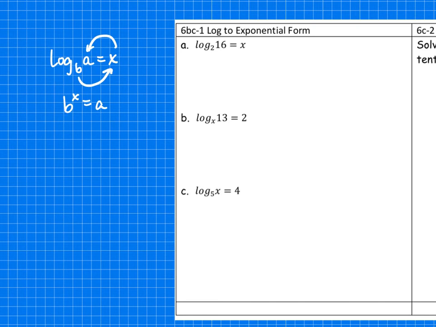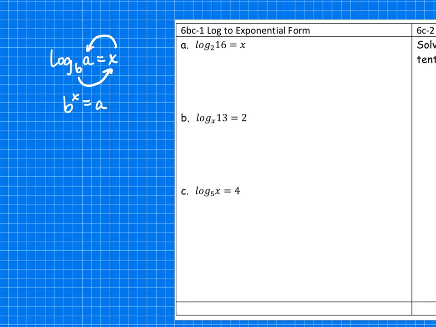Now, thing to remember about this, it is not the letter itself that matters, it's the position. The base here is the little number between the log and the big number. That becomes the base here. These two are in the same position. Whatever's on the other side of the equal sign is your exponent. And the big number here is your number over here.